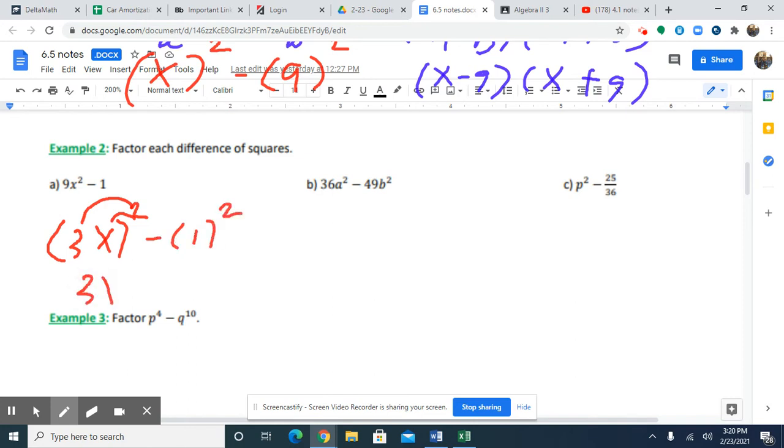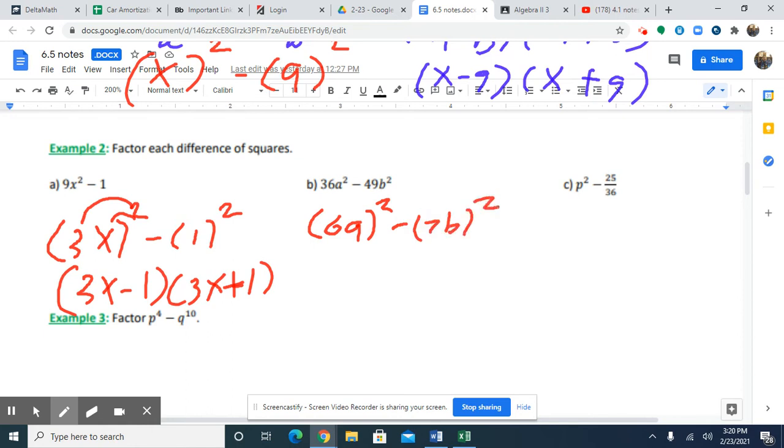So this factor would be 3x minus 1, 3x plus 1. On this side, we would write this as 6a to the power of 2, 7b to the power of 2. So our factors here are 6a minus 7b, 6a plus 7b.